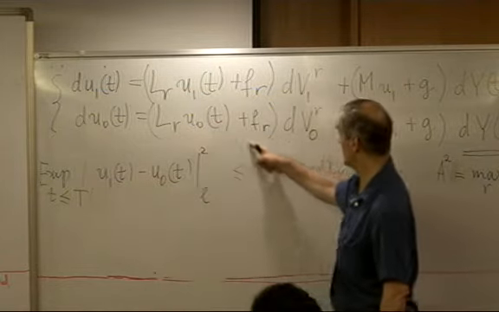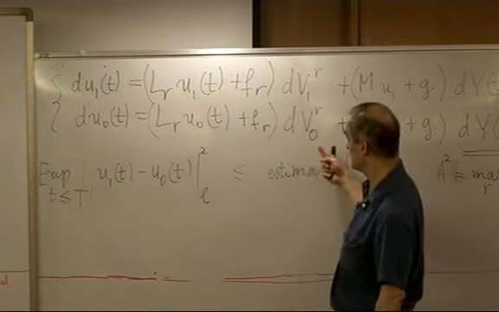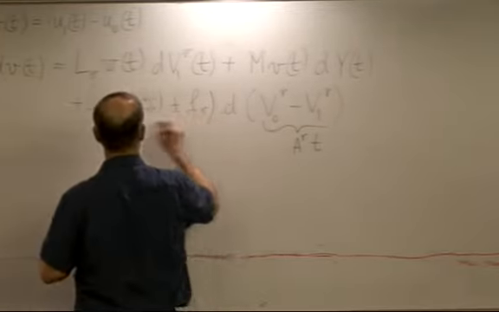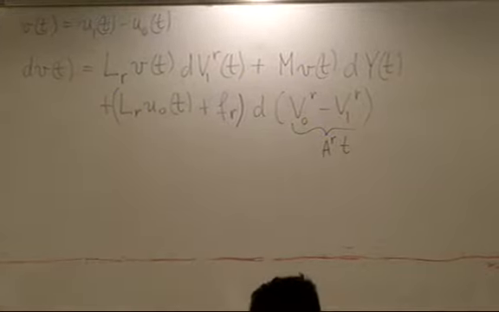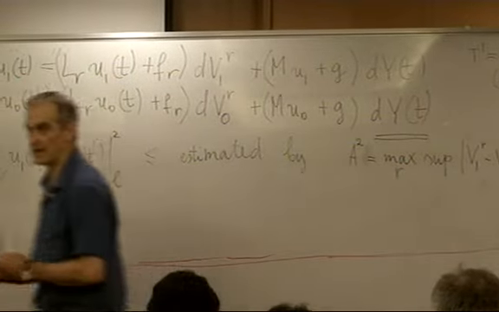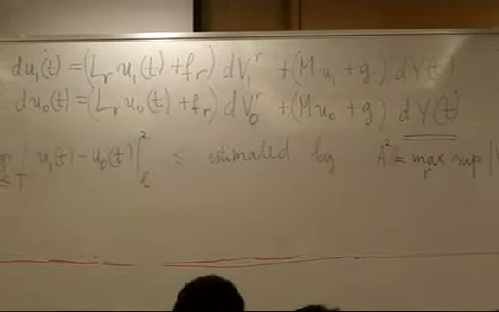Instead of this, the additional term to compensate this is the LR U0T plus FR times the difference between the V0, yes, this is the true thing here, minus the V. So far, this is a very simple calculation, and it is true.